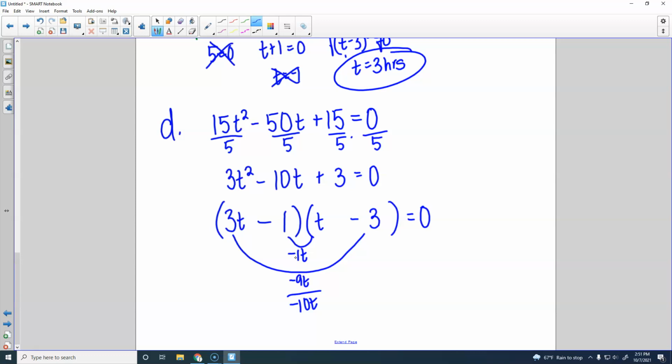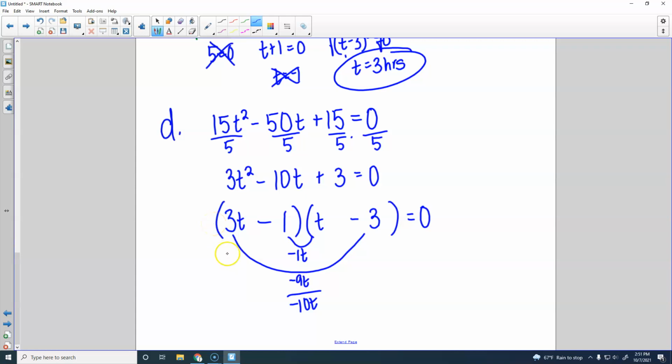Yeah, if you switch where they're at, you won't get it. No, it does not. It does if you have like a t and a t, but when you have a coefficient in front of your t, it does not. So you have to sort of guess and check.